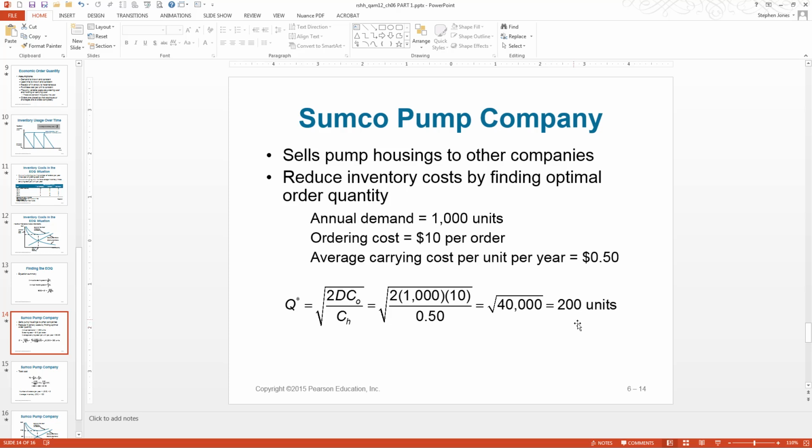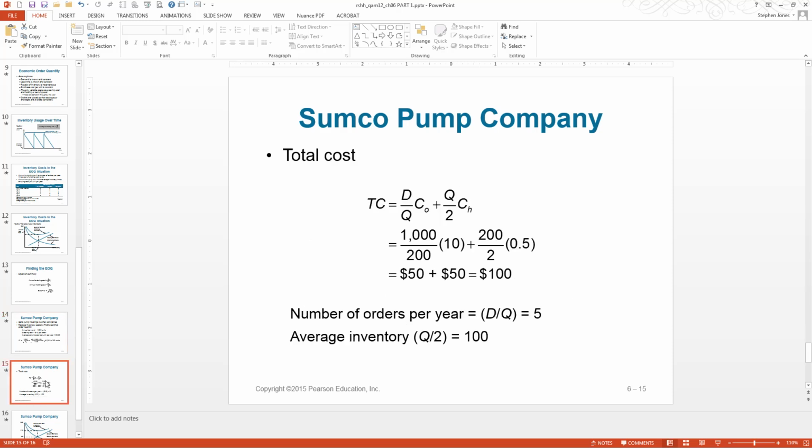After that, if you go any lower or any higher, the cost is going to go up, either because the cost per unit to order or the cost per unit to carry is going to outweigh the reduction that you have. After that, take a look at what the total cost is.